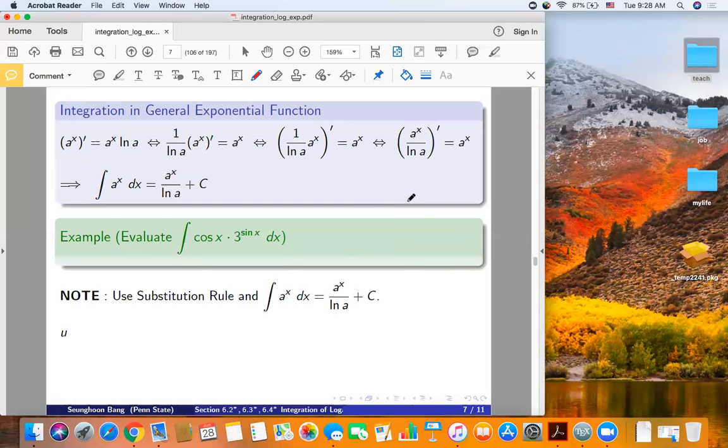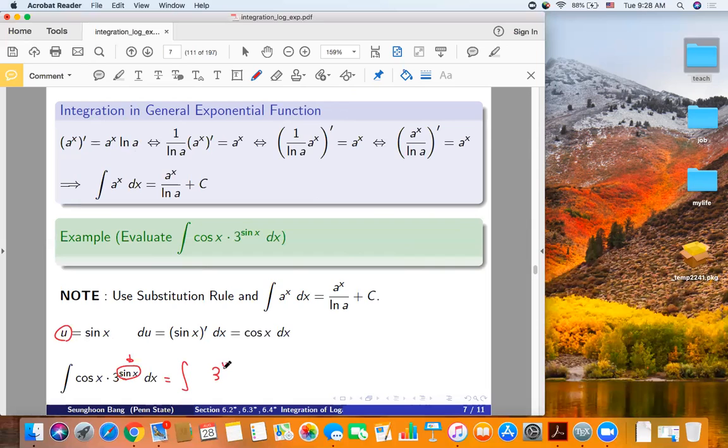The u is the power, sine of x. The du is sine x prime dx, and sine x prime is cosine x dx. Next, substitute. Sine x is u. You plug into here.